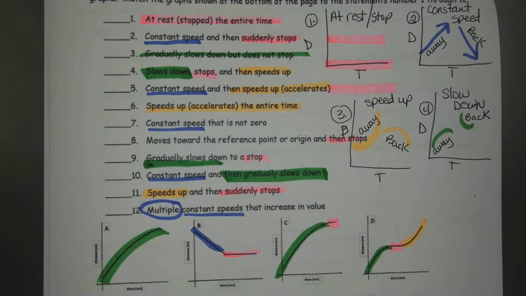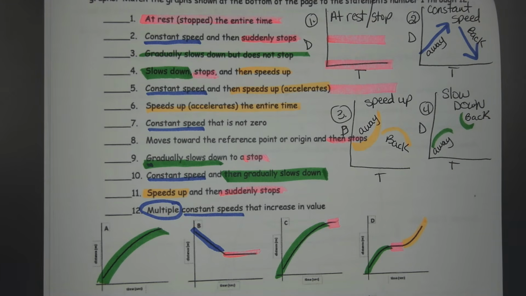I think I have mine colored all in. Looks like it is. And then we're going to match. I don't know about you, but I would much rather match colors instead of having to memorize something.